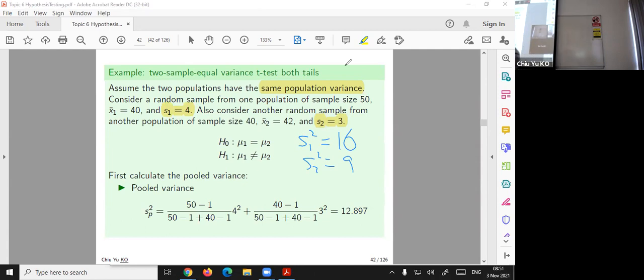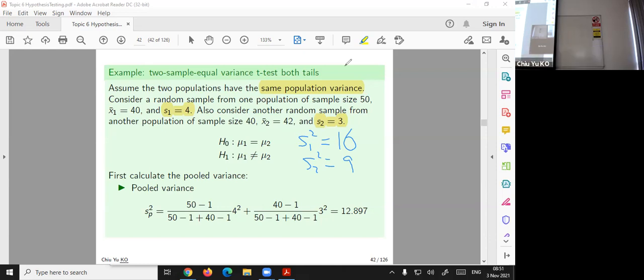These are two numbers and they are both good estimates for sigma squared. So the question is which one is the best? Both 16 and 9 are unbiased estimators of sigma squared, okay?